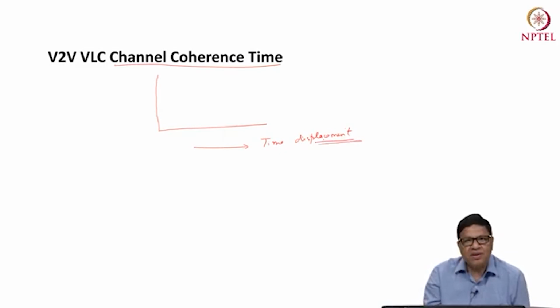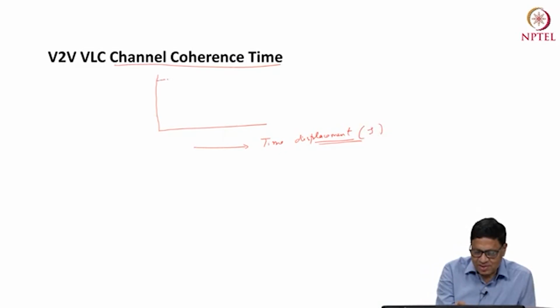Because this is very important, because you have to estimate the channel, and if you are doing frequent estimation, there is some overhead associated with the estimation, which decreases the throughput of the system or the BER performance of the system. So this is tau. So this is something like this.